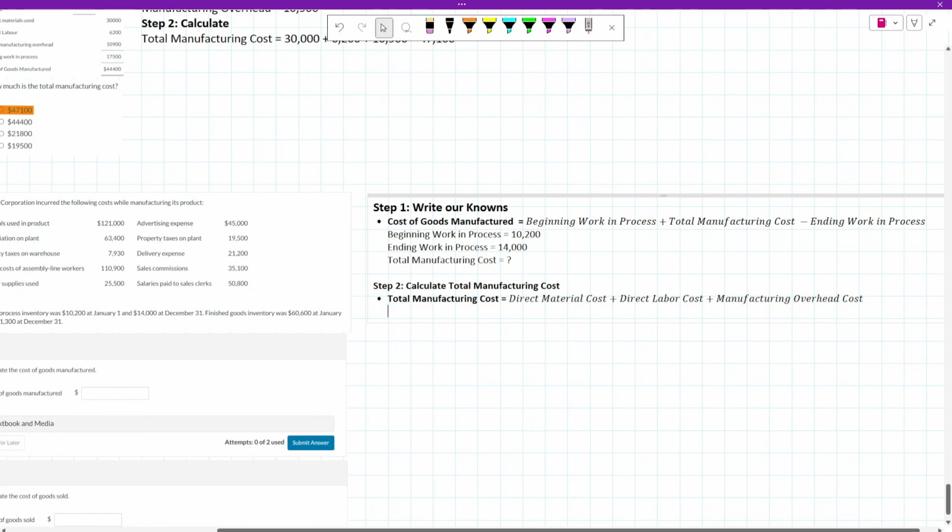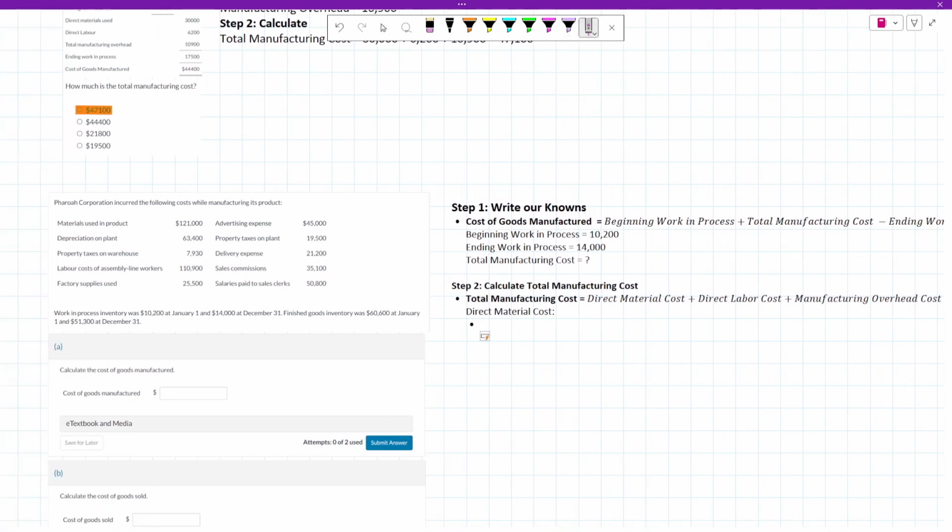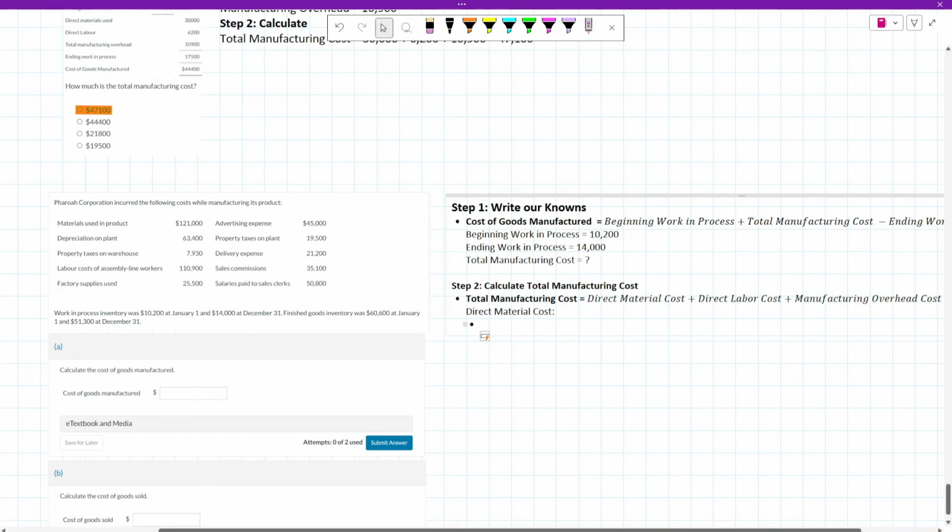So now we're going to want to find our direct material cost. Looking at the list here, which one's a direct material cost? There's only one. It's going to be materials used in product, which is the first one in the list. It's going to be 100,121. All right, so that's our direct material cost.